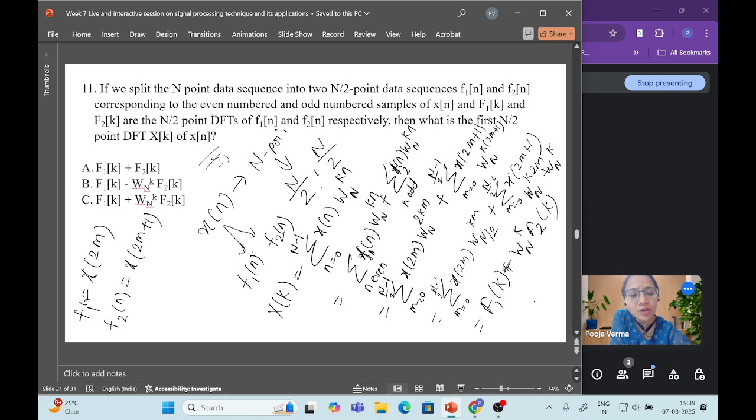So the next N by 2 point DFT will be F1(k) minus W_N^k F2(k). That equation we have taken from there.